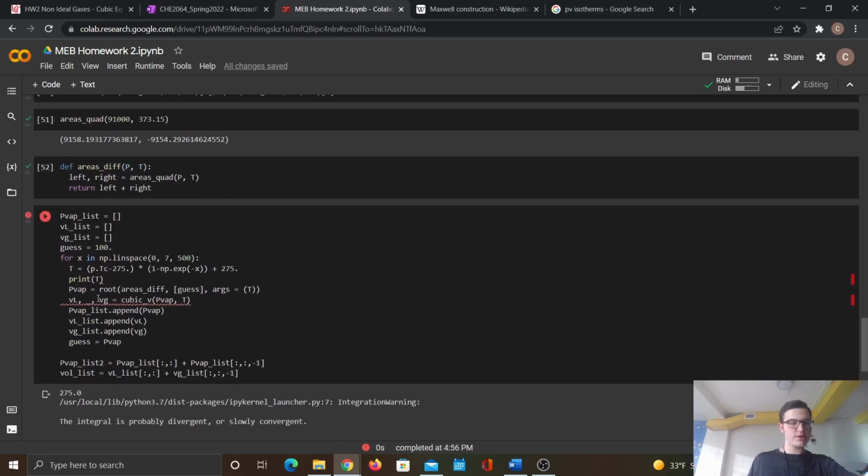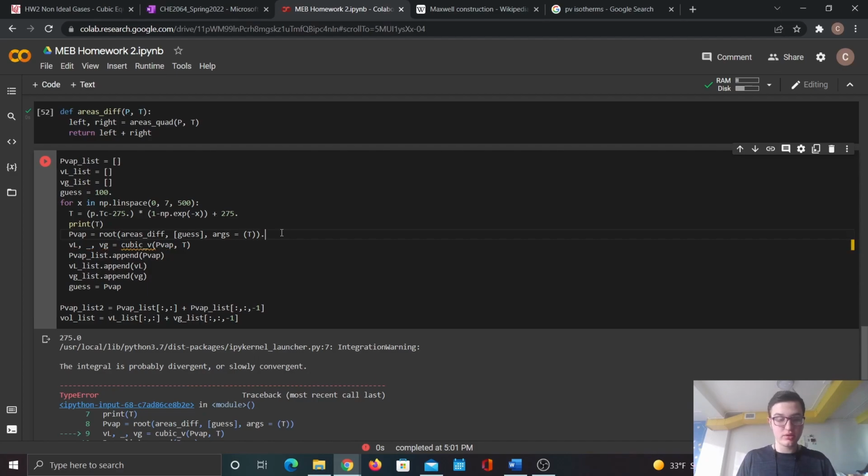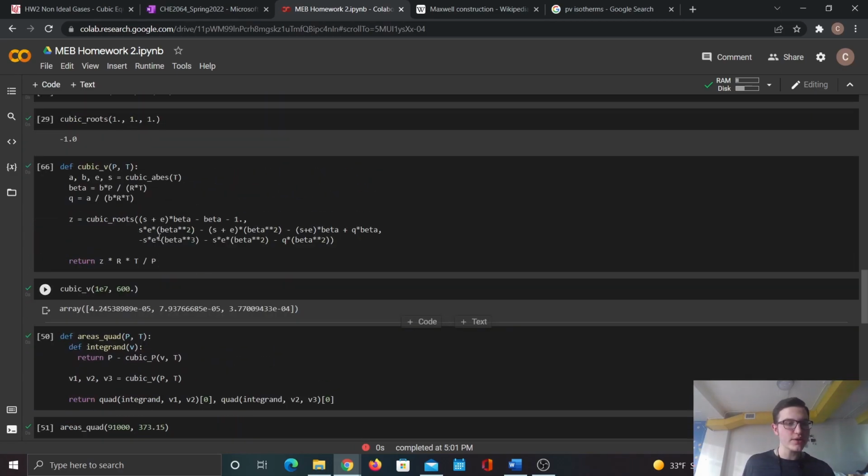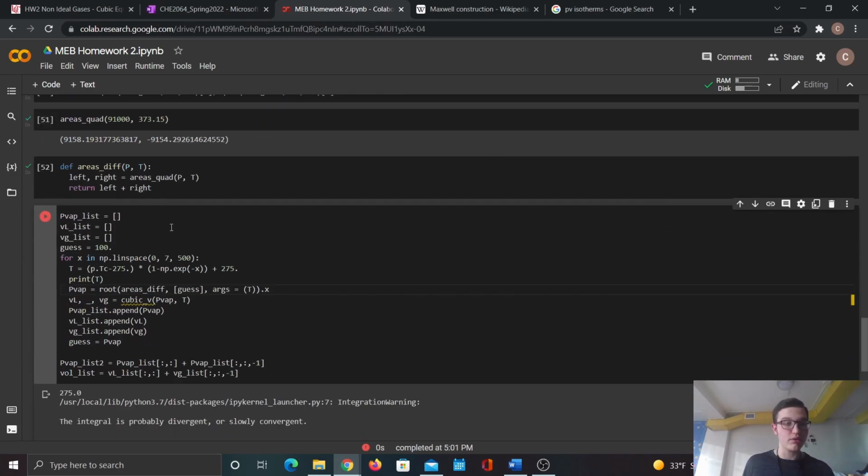PVAP. What is PVAP? PVAP is a value. Why is this wrong? Potentially, we need first the value from this. So we have... Why is this giving me issues?